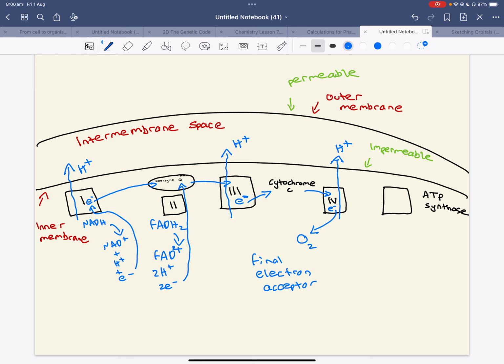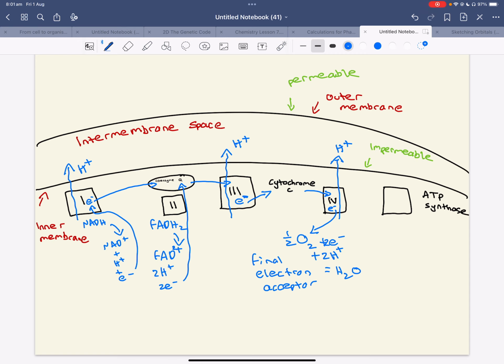It accepts the electrons, and it takes on 2H plus. Let me just balance this out. Overall, oxygen plus electrons plus protons gives you H2O. But oxygen is needed in order to continue the electron transport chain. It acts as the final electron acceptor.